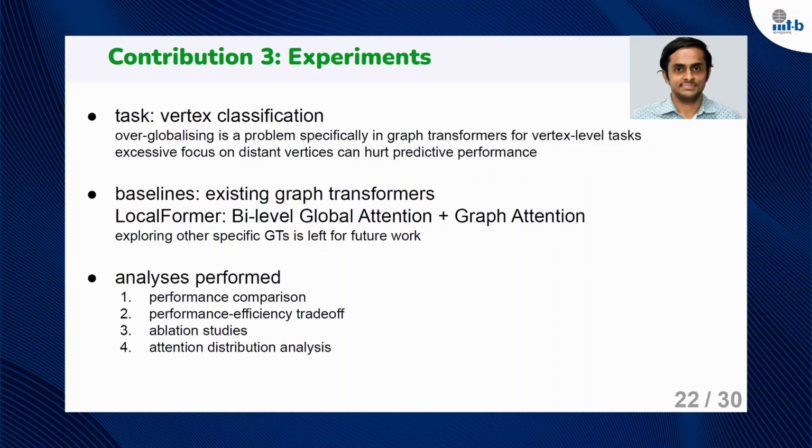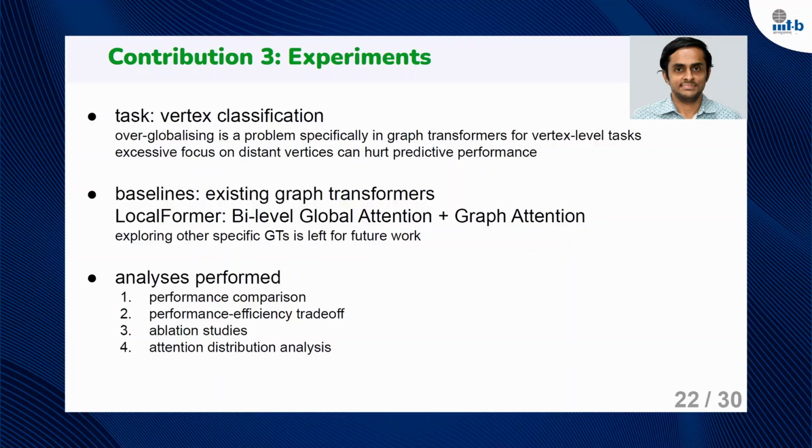We did different analyses. One of them is performance comparison. We compared with the baselines, looking at the accuracy on the test set in the vertex classification problem. Then we conducted a performance-efficiency trade-off analysis, like accuracy and training time. We also looked at ablation studies, where we removed some components of the model and showed that all the components are actually necessary.